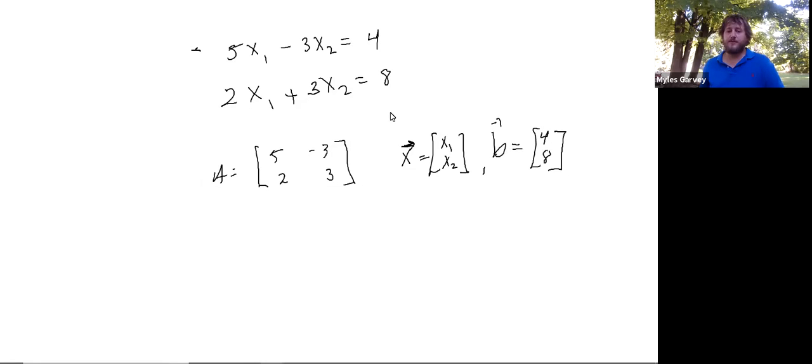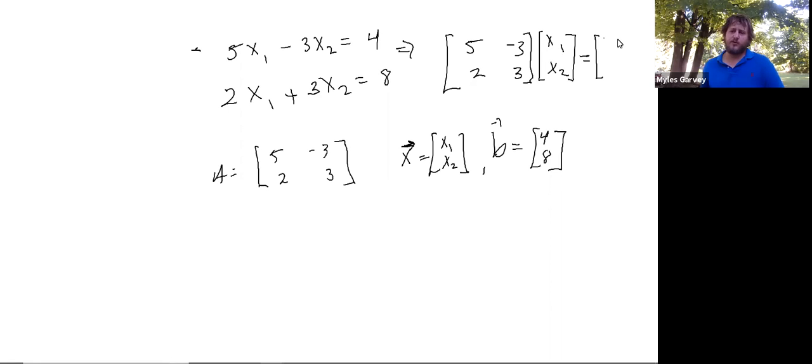Then as you can see, this system of equations turns into the following: the matrix 5, minus 3, 2, 3, times x1, x2 is equal to 4 and 8, which using our substitutions, we get A times X is equal to B.